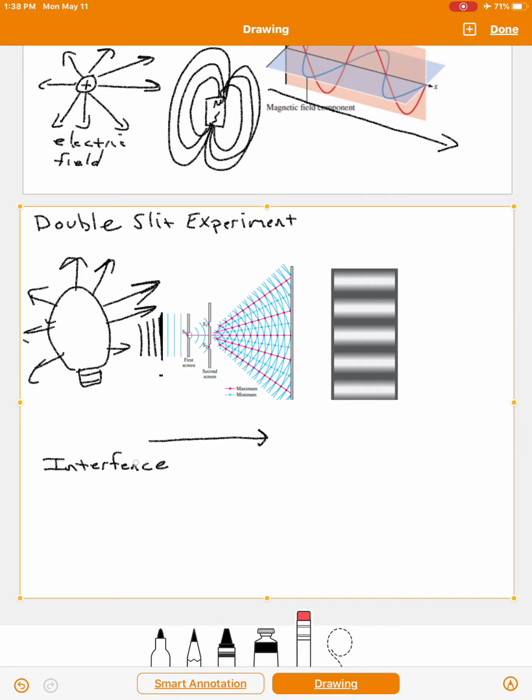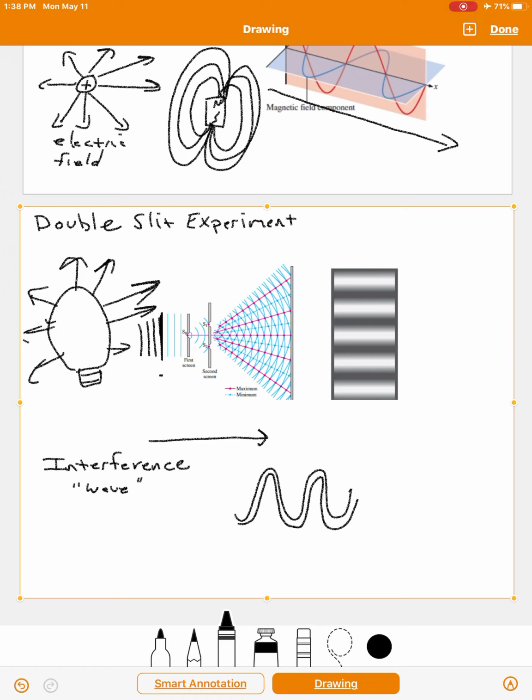Oops, I'm sorry, I misspelled it. This is a wave property. Okay, we don't observe it with baseballs or cars. What happens is these waves interfere with each other. If you take two waves and you superimpose them, and their peaks are at the same space at the same time, you get what's called constructive interference.